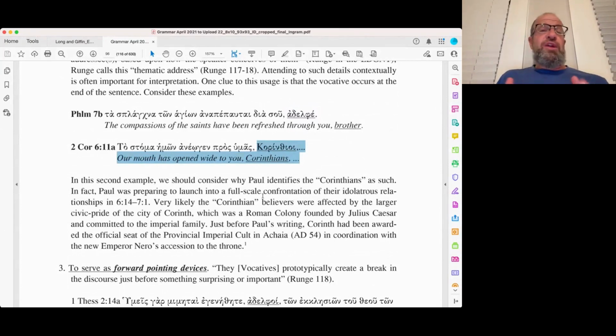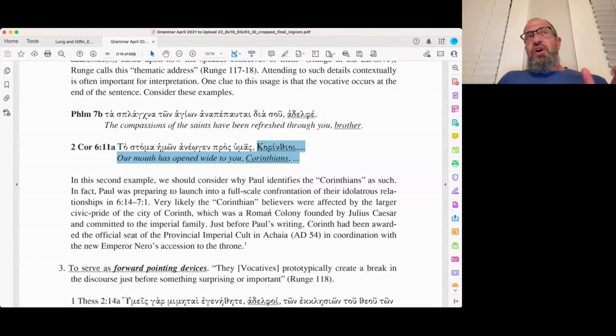They're struggling with their civic identity becoming more important than their relationship and trust in God and Christ. And so right at this moment, as he's appealing to them and calling them to repent, he's calling them out by their civic identity as Corinthians. So pay attention to the themes that an author might be addressing by calling people out in the use of the vocative.